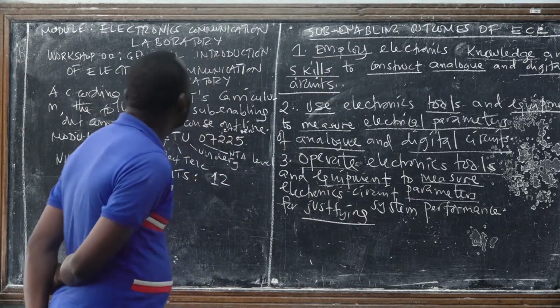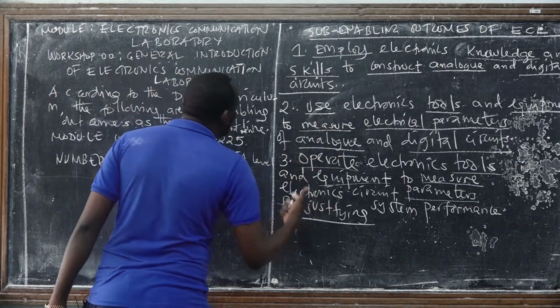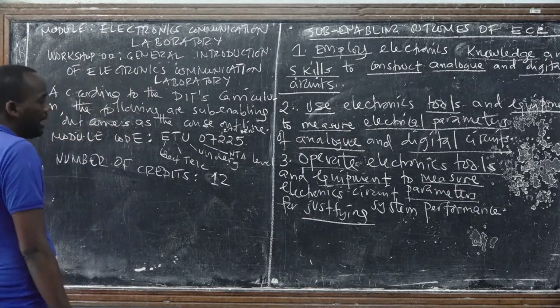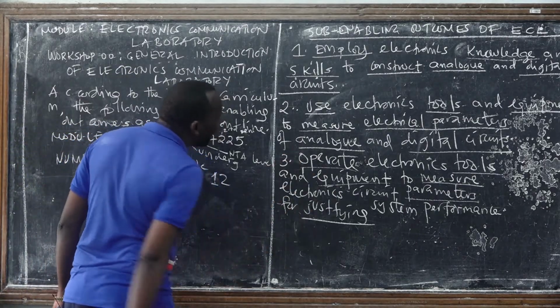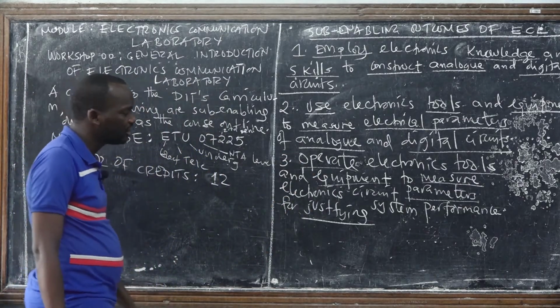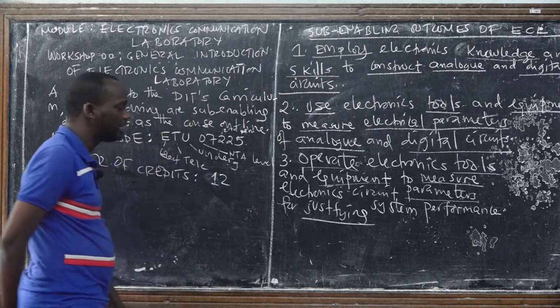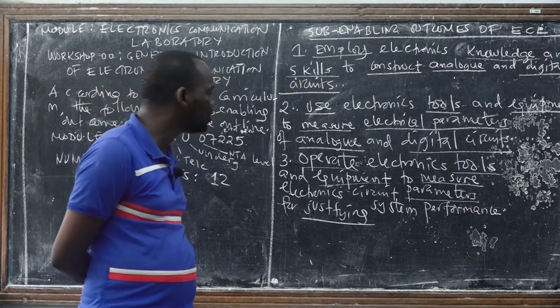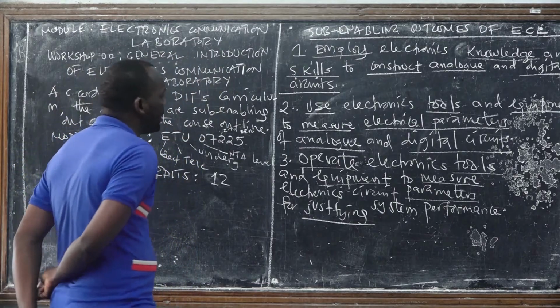In the second sub-enabling outcome, you have to be able to use those tools and equipment to measure. But in the third, you have to be able to operate the tools and equipment to measure electronic circuit parameters for justifying the circuit or system performance. Which system performance?